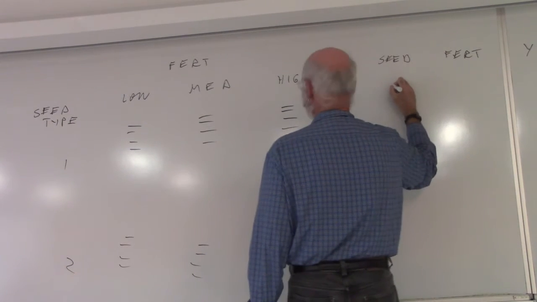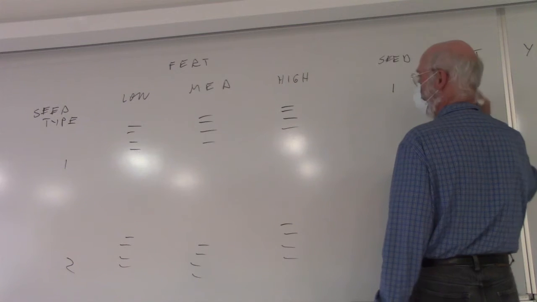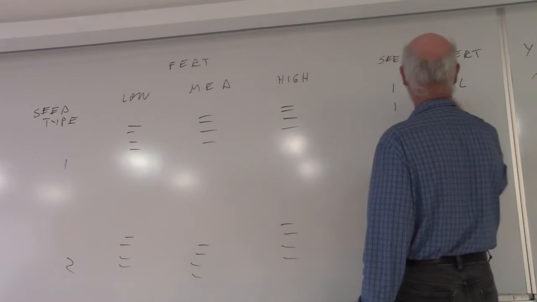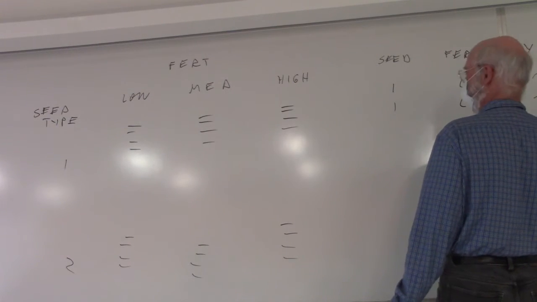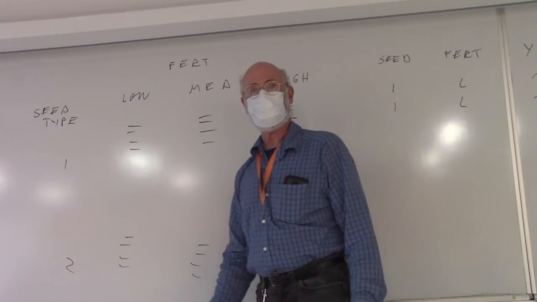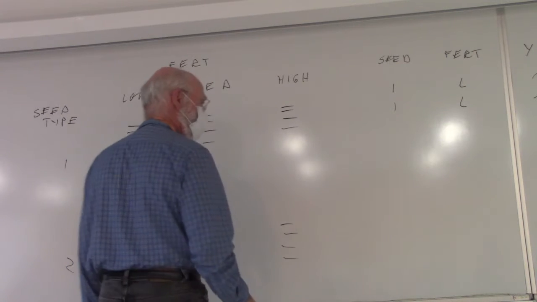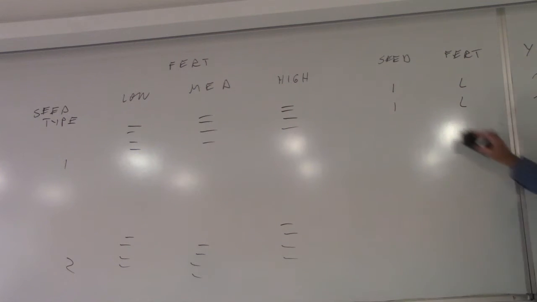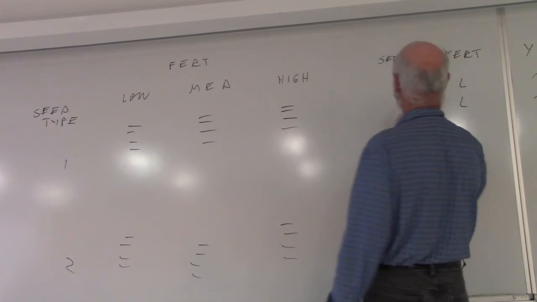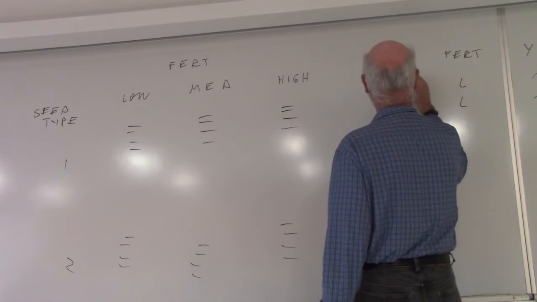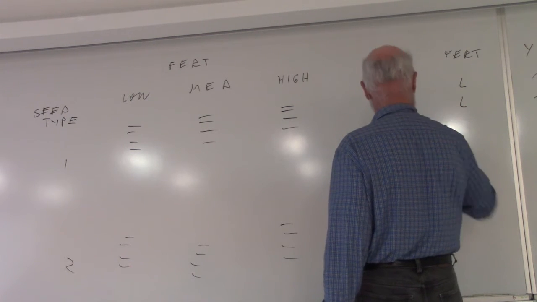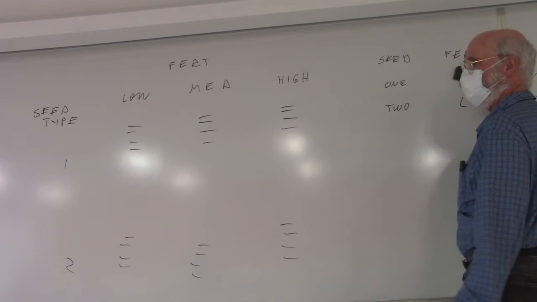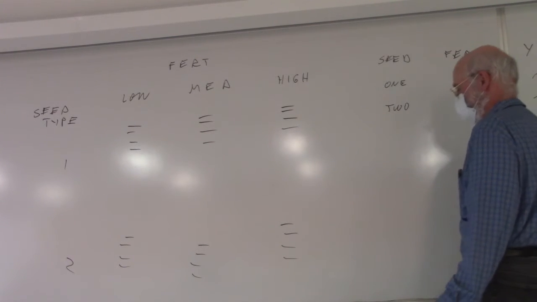Here I have seed type 1, fertilizer L, and then whatever the number is, and I go all the way down the column. Instead of seed type number 1 and number 2, I have 1 and 2. And for fertilizer I have either L, M, and H, or low, med, high, something like that.